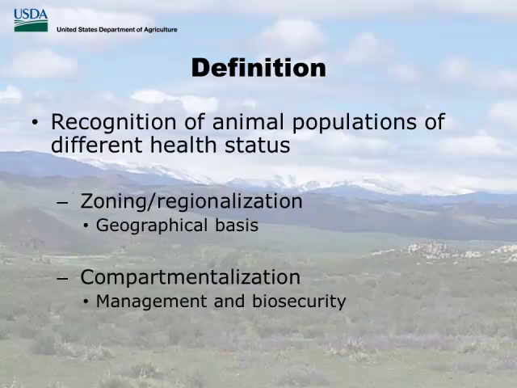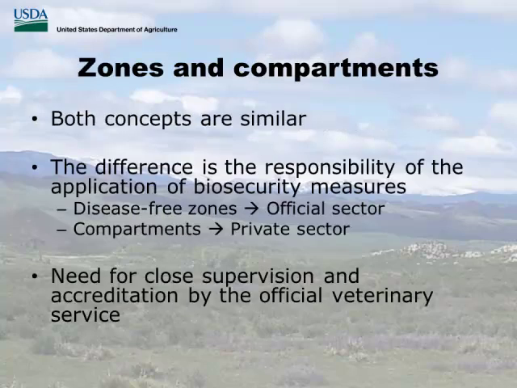Again, recognition of animal populations of different health status. We can use zoning and regionalization, which is on a geographical basis, or compartmentalization, where management and biosecurity are very important. They're both very, very similar. There are different responsibilities. Usually when it's a disease-free zone, there's going to be some government or official regulatory action recognizing that.